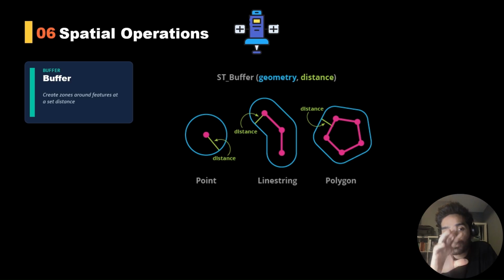As I mentioned, spatial operations transform geometries to produce new features, combine data sets, and extract insights. Once we know how features relate, operations are how you act on those relationships.